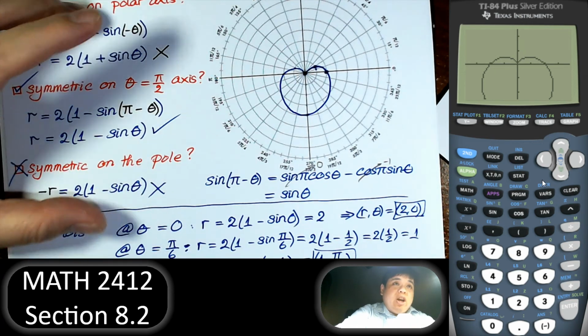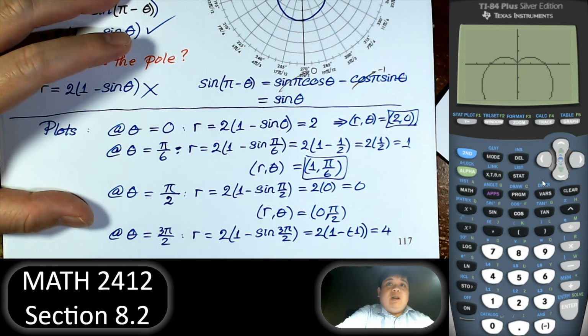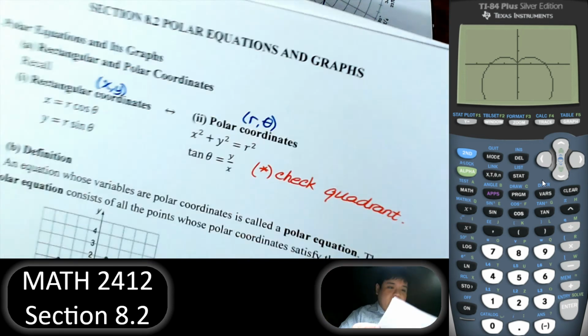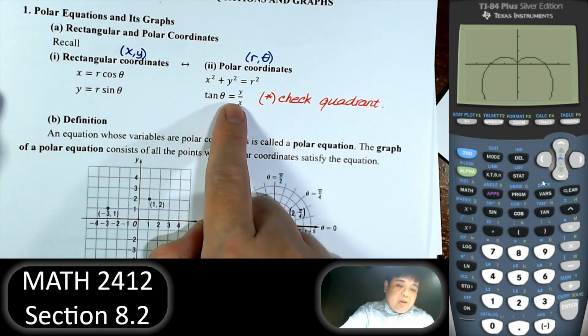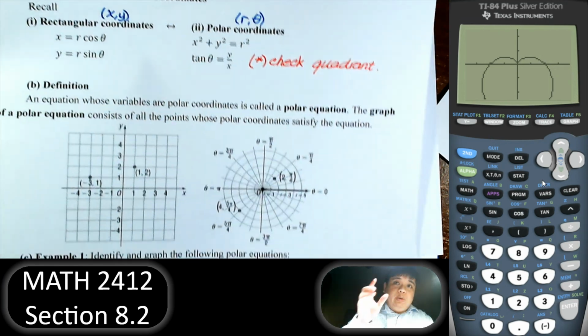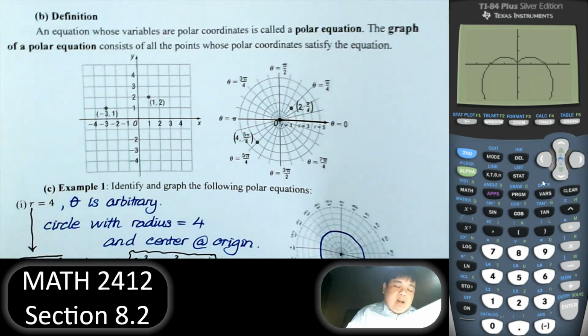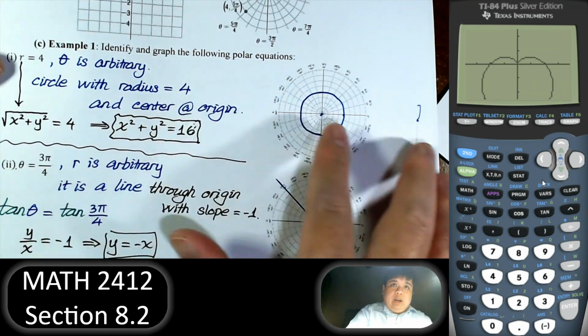Of course, we can check the symmetry. But of course, the calculator can help us to graph these polar coordinates. So in this section, what we learn is that we use those equations to link between polar coordinates and rectangular coordinates, and we can graph.